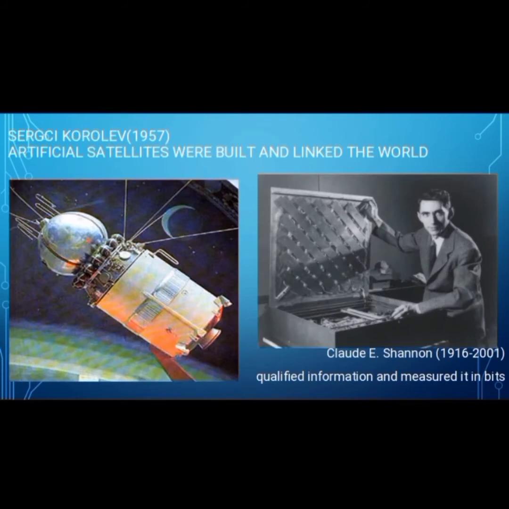Next is the invention of artificial satellites that were built and linked the world by Sergei Korolev in 1957, and the invention of quantified information, measured in bits, by Claude E. Shannon, 1916 to 2001.